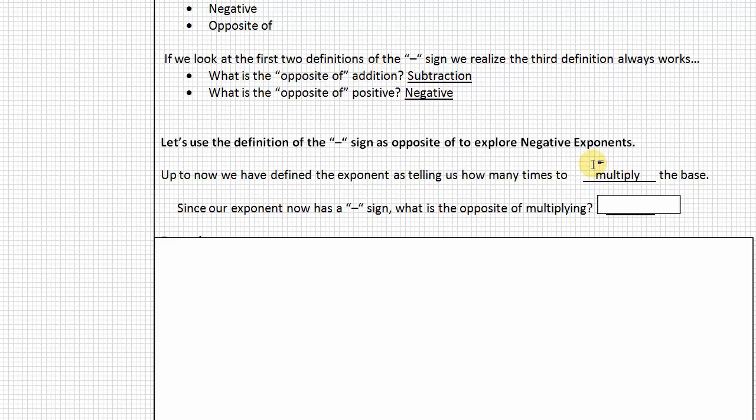So now, if we put this dash in front of an exponent, what is the opposite of multiplying the base? You said dividing, I agree with you. So negative exponents implies that we're going to divide because we're using the opposite of a positive exponent. Let's look at some examples.